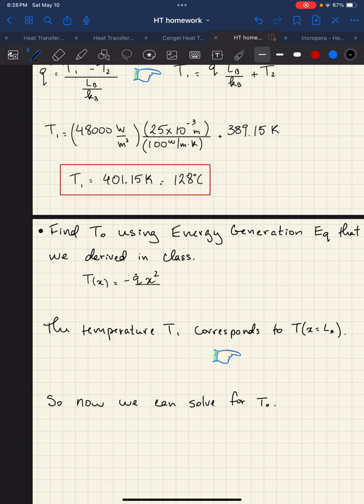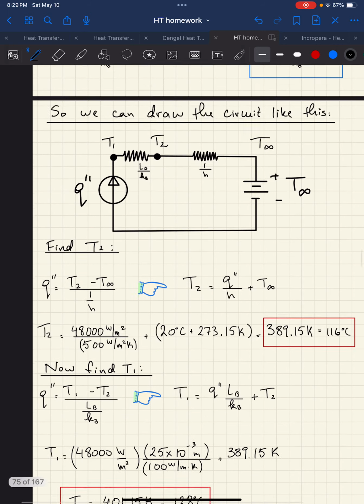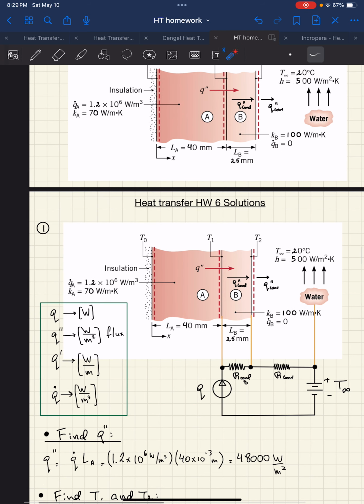This is the equation we derived in class. K is the thermal conductivity of material A, plus T0, where T0 is going to be the temperature right here. So basically the shape of the temperature distribution is parabolic, okay?